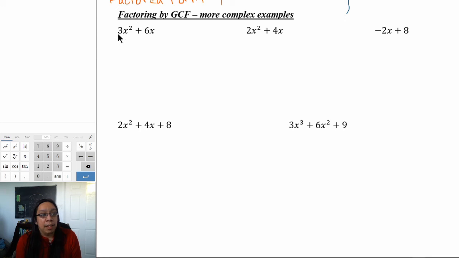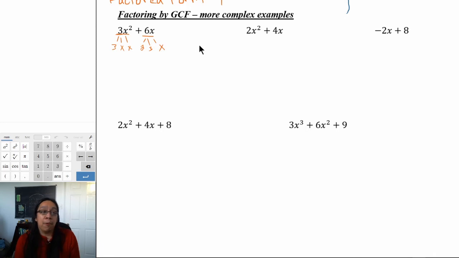Let's look at the GCF of 3x squared and 6x. Well, if you rewrite 3x squared, that's going to be 3 times x times x. 6x can be split into 2 and 3, because 2 times 3 is 6, and then just x.